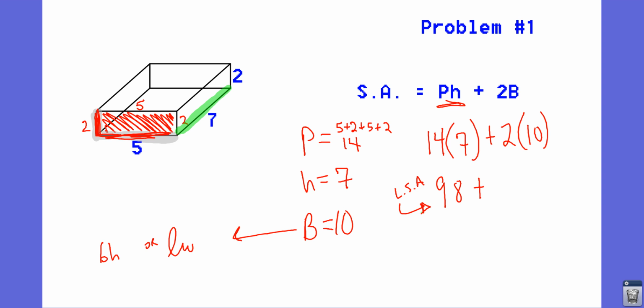Okay, so if you get asked that question, you know it's always in the front part. Plus 20 is going to give you 118 square units. So hopefully you went through number 1 and you were using the formula chart and substituting all these things in. Your work looks very similar to this. This is the standard and how it's done.